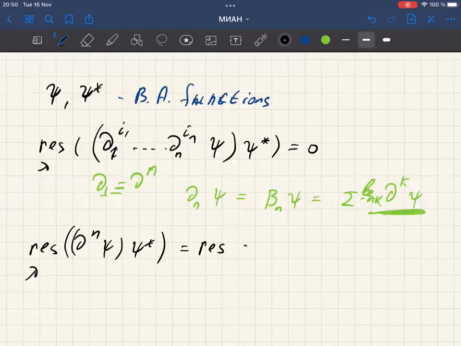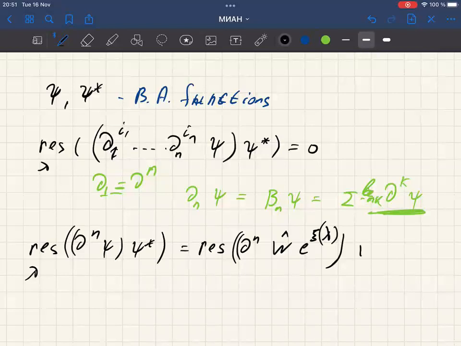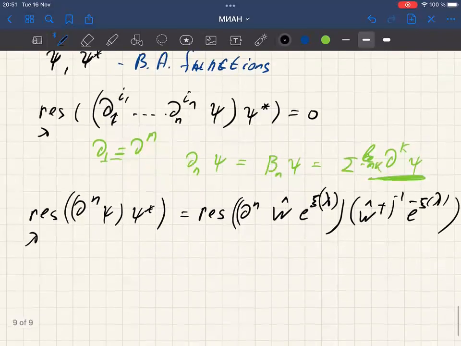It is dn psi is our omega, which is an operator, and it's acting on psi of lambda, and this will be W minus E C minus and of lambda.